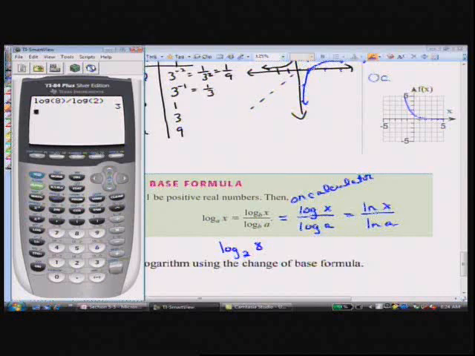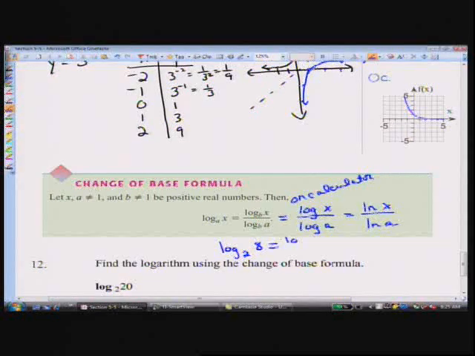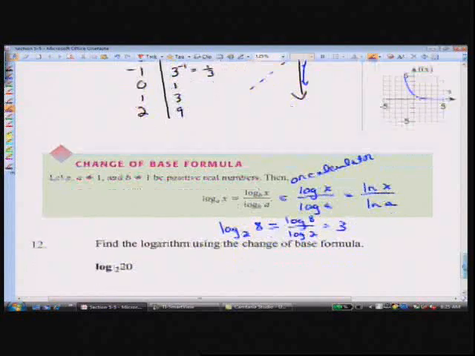We could also have done ln of 8 divided by ln of 2 and gotten the answer of 3. So basically, this gives us a way to answer any logarithm question. Or we could have used ln.